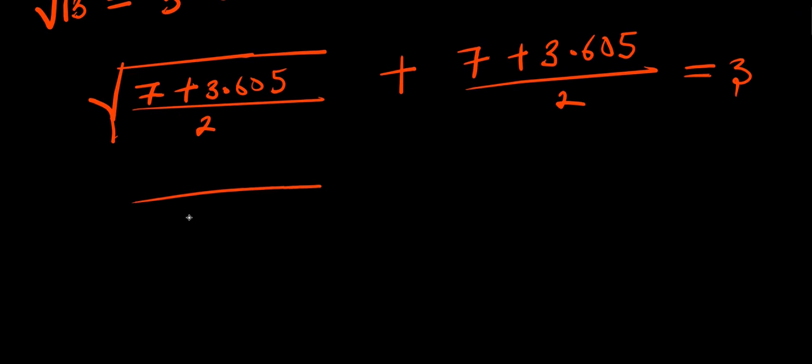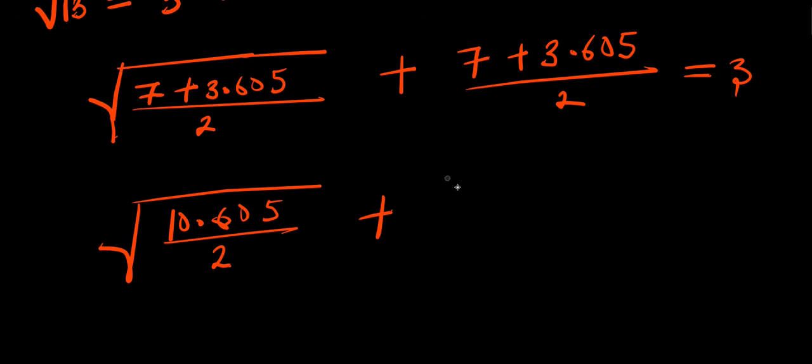So from here, we have square root of 7 plus 3.605, which will give you 10.605, divided by 2, plus 10.605 divided by 2 equals 3.